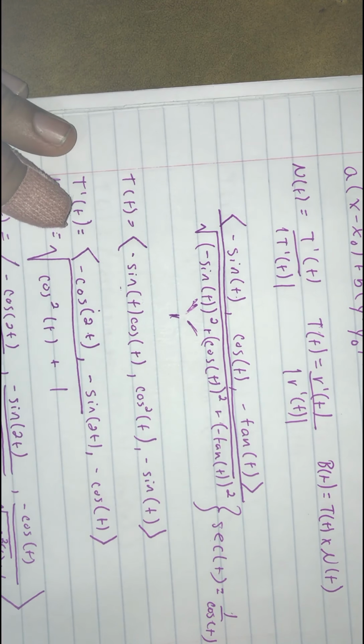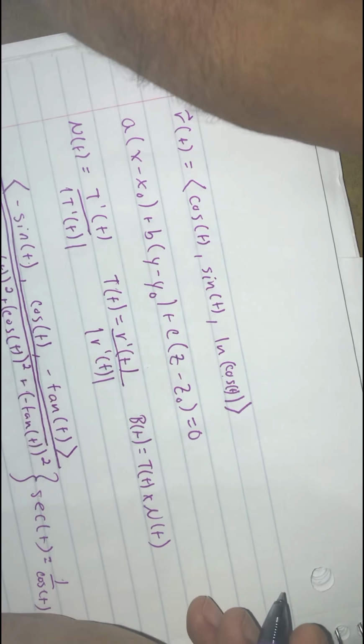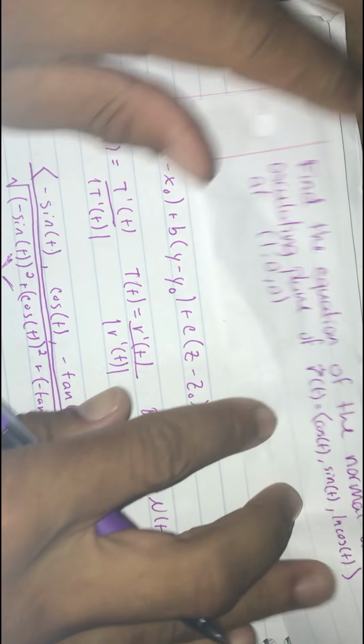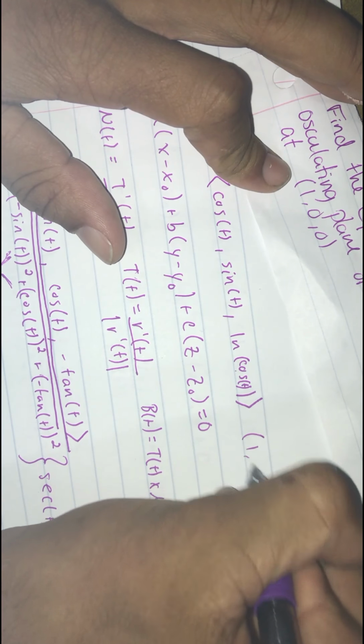So now what we need to do is decide where we're going to evaluate t from. If we go back to the work that we just did, the point that we were given in our problem here is 1, 0, 0.